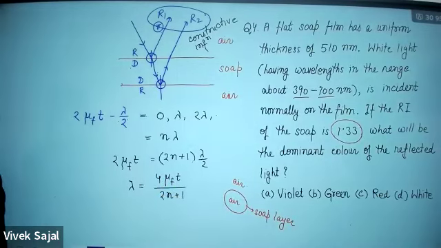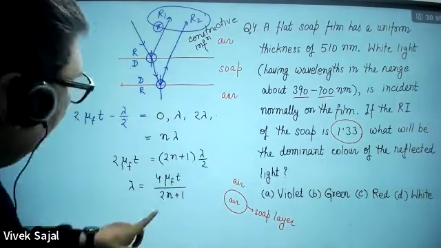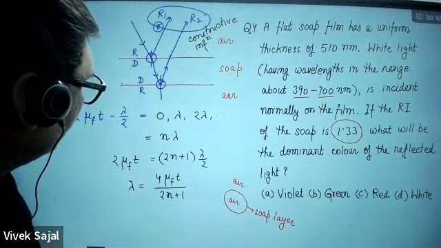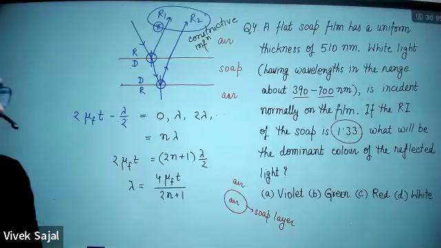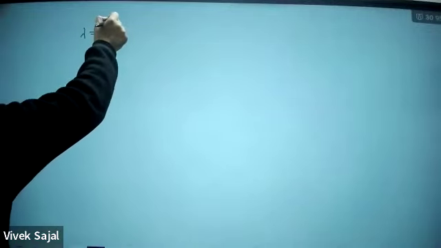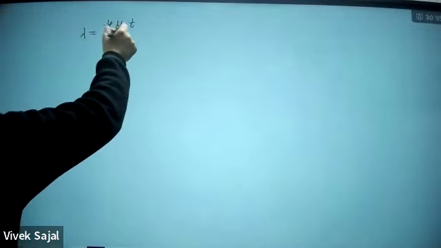What will be the wavelengths which are going to form the constructive interference in the reflected light? That will be this. So lambda will be 4 times mu f t upon 2n plus 1.